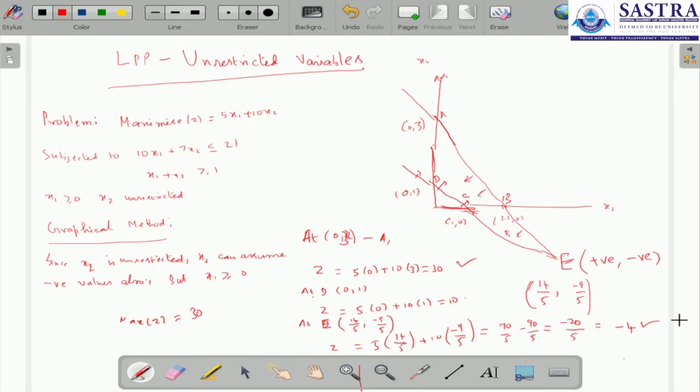Against the maximum, Z turns out to be 30 only. Now, how we have solved this problem is through the graphical method. Now we have to solve this problem through the simplex method.